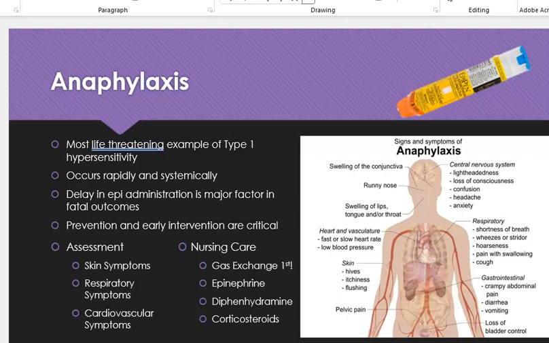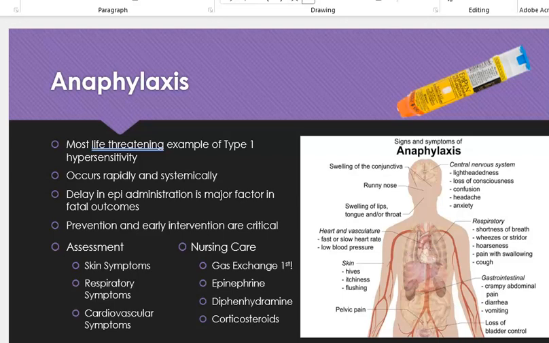It causes widespread blood vessel dilation, decreased cardiac output, and bronchoconstriction within seconds to minutes after allergen exposure. It is the most life-threatening example of a type 1 hypersensitivity reaction, occurs rapidly and symptomatically, and can be fatal.